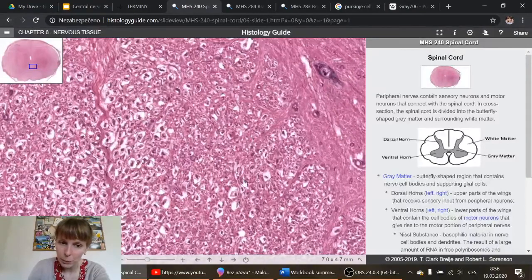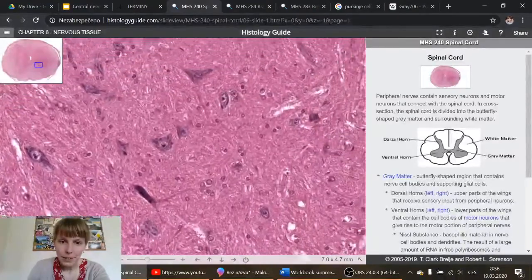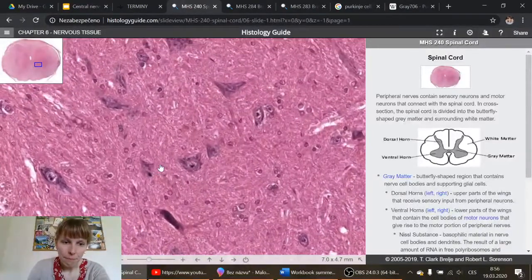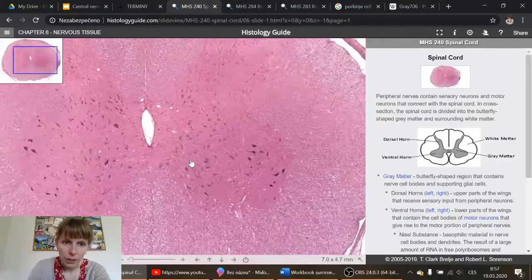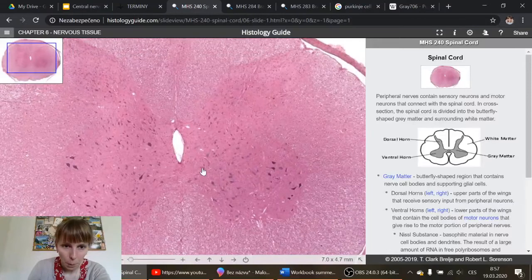So this is white matter and this is gray matter. Gray matter, homogeneous pink, filled with many dendrites, astrocytes, and you see big cells here because we are in the anterior horn.